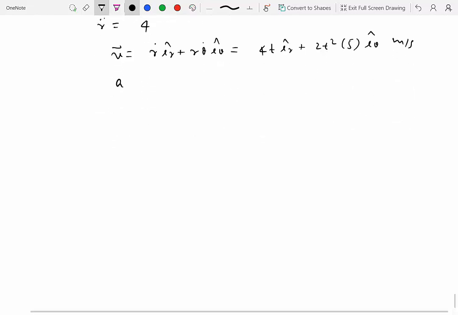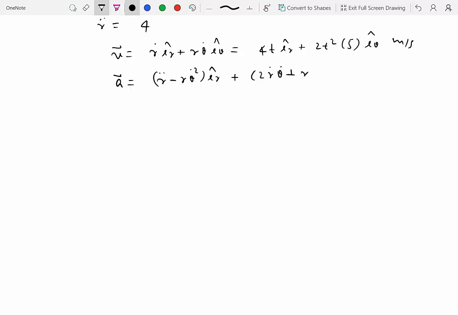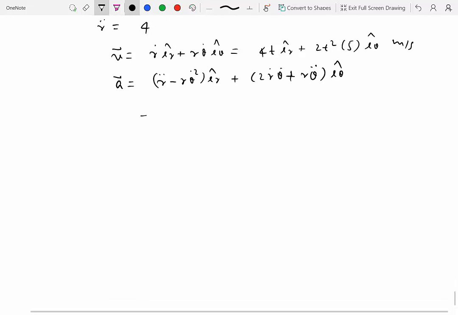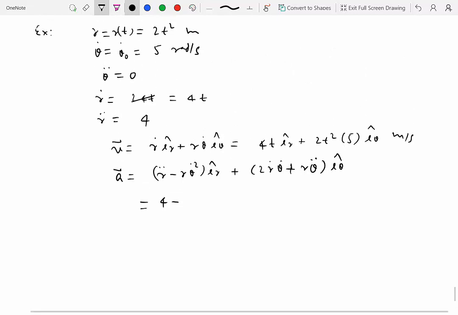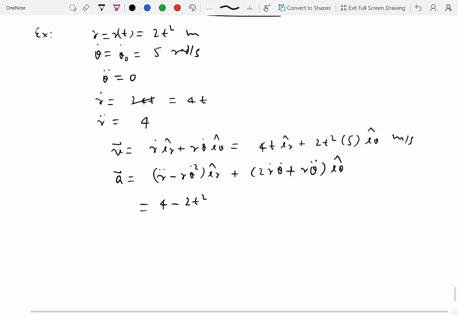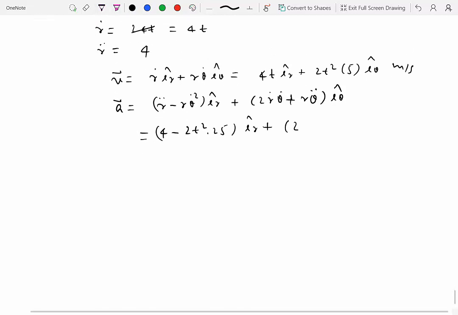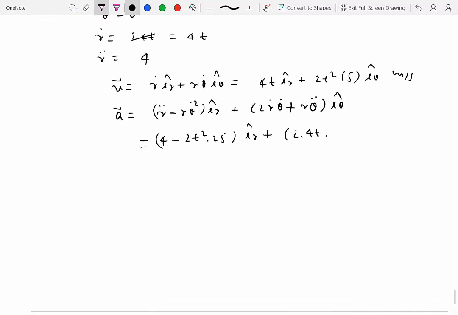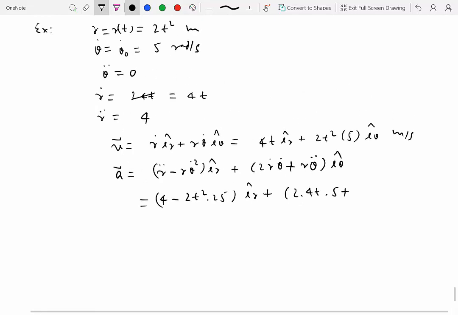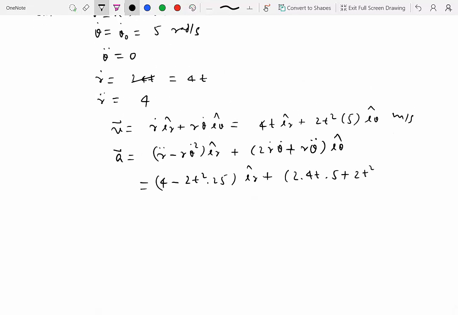What about acceleration? Acceleration is given as r double dot minus r theta dot square, er hat, plus 2r dot theta dot plus r theta double dot, e theta hat, right? So r double dot is 4, so that's 4 minus r is 2t square, so 2t square times theta dot square, that'll be 25, so that's er hat, plus 2r dot is 4t times theta dot, which is 5, plus r is 2t square, and theta double dot is 0, so that drops out and we'll get e theta hat.